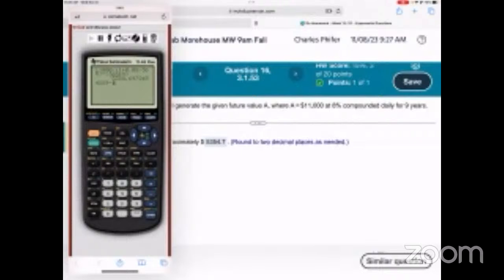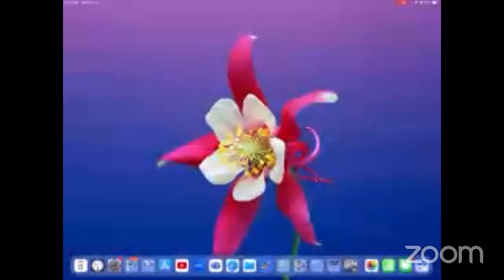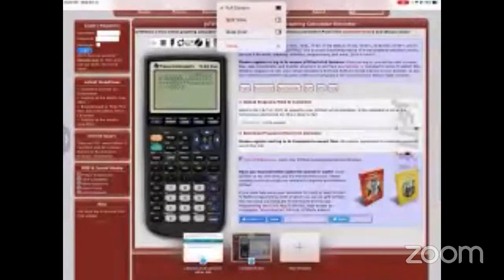Zero, okay. Learn something there. I have to try that later to figure out what's the delete button.